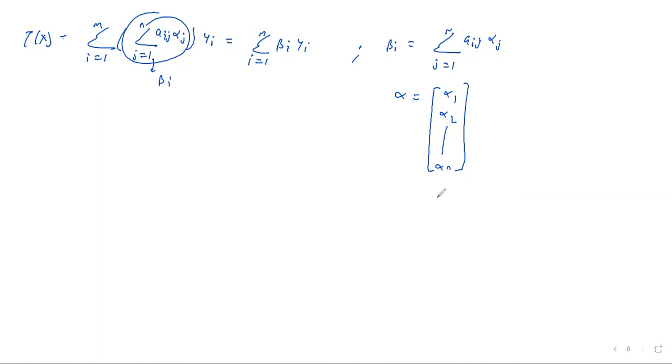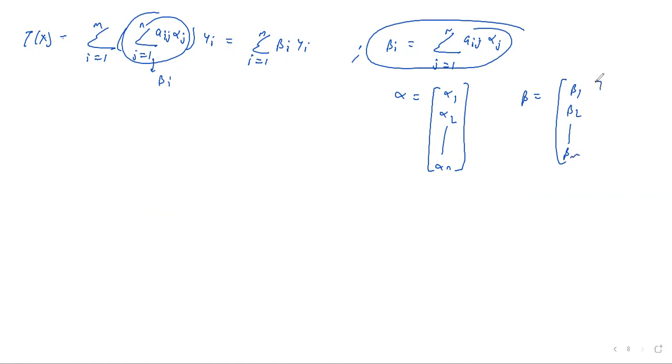And you can also say that I am writing this in column vectors because the image of the transformation is equal to the column space. And if you look at the beta vector, what is my beta vector? The result would be beta 1, beta 2 to beta m.